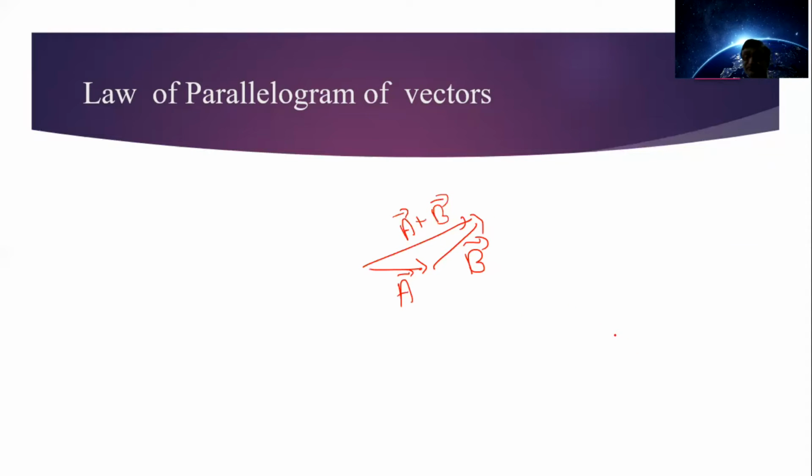But if the two vectors are originating from the same point and making some angle with each other, in that case, we can use the law of parallelogram of vectors.